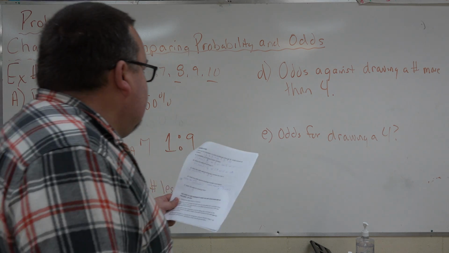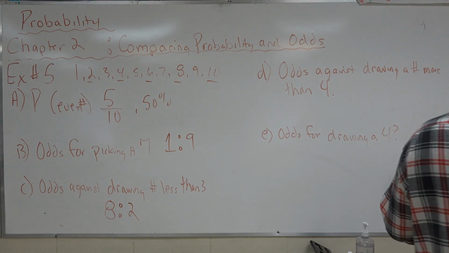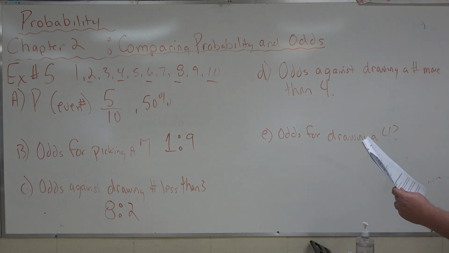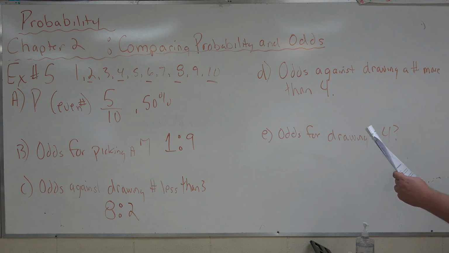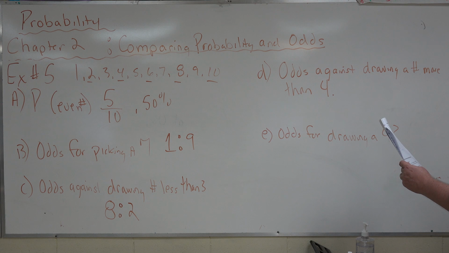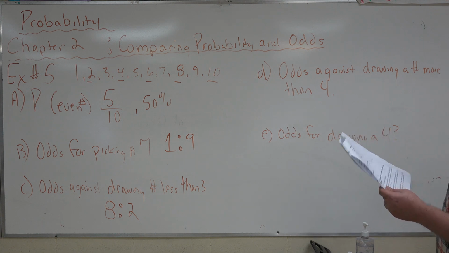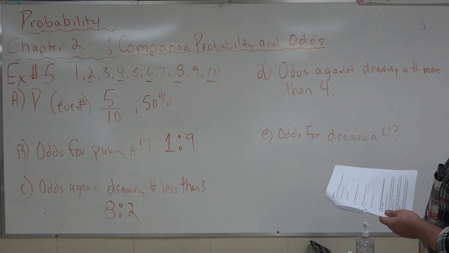And D. State the odds against drawing a number less than 3. That's C. State the odds against drawing a number more than 4. Odds against drawing a number more than 4. Well, that's 5, 6, 7, 8, 9, 10.